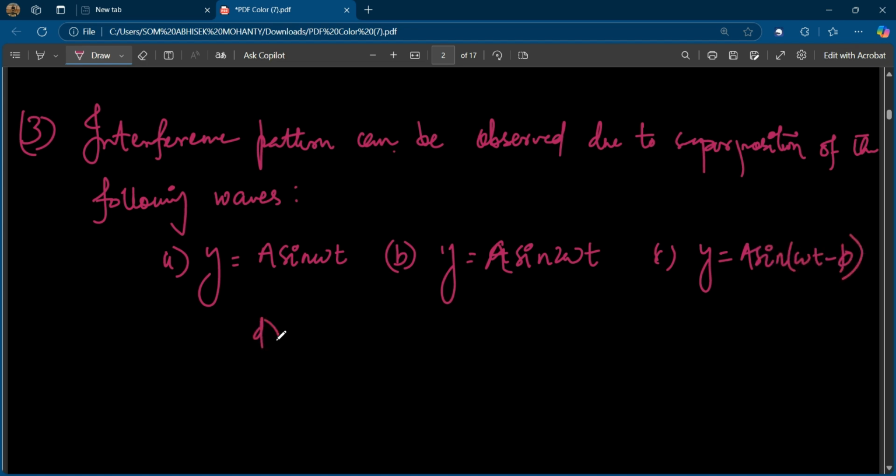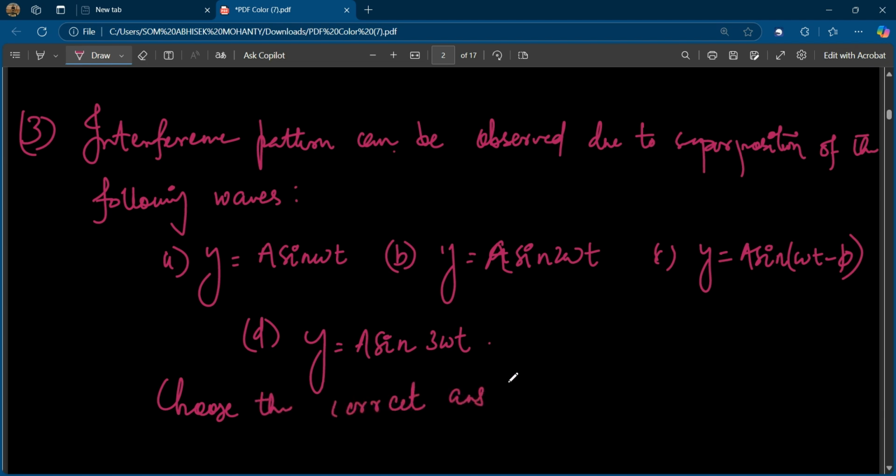Option D, y is equal to A sine 3 omega t. Choose the correct answer from the options given below.